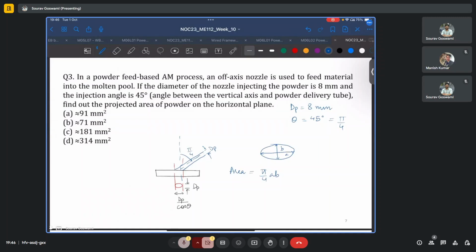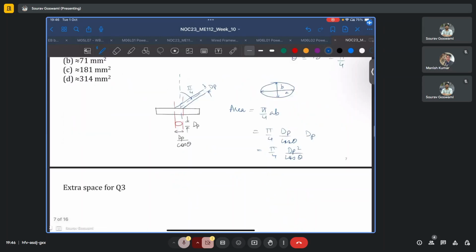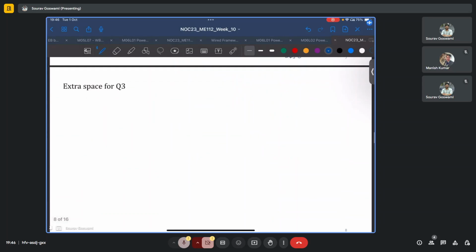In this case, the area turns out to be pi by 4 times dp by cos theta times dp, or pi by 4 dp square by cos theta.